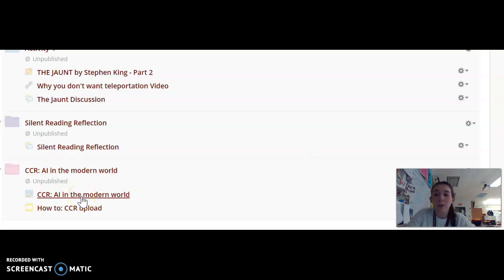If you are a senior, you still need to complete this document. However, you do not need to put it in your portfolio. If you are in 10th or 11th grade, there is a how-to video on putting the document in your college and career readiness portfolio right here, so that you can upload the document to your portfolio, which you will need to do for your Block 3 teacher.